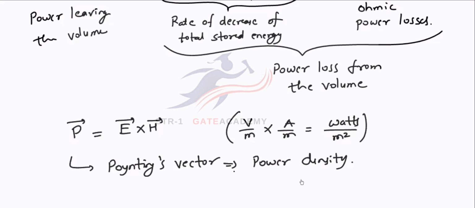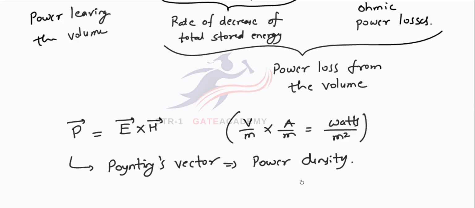Now, what is the direction of P vector? It is E cross H. So we have already seen that in TEM waves, in the transverse electromagnetic waves, the wave direction is given by E cross H. So obviously, the direction of power and the direction of wave are one and the same.